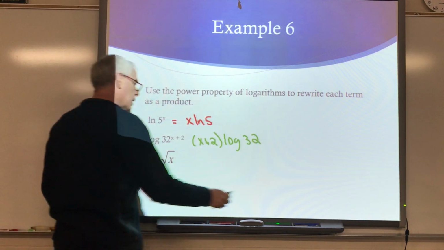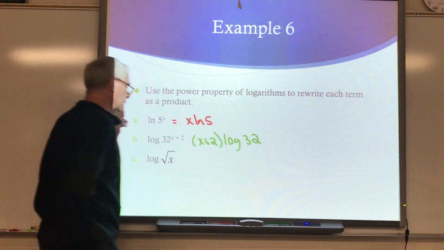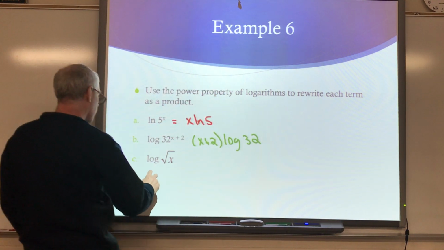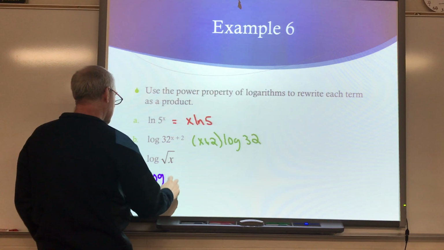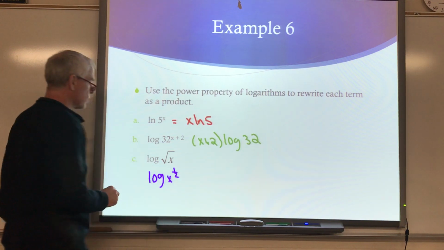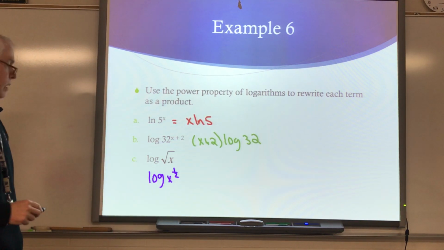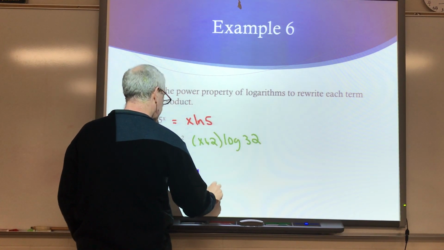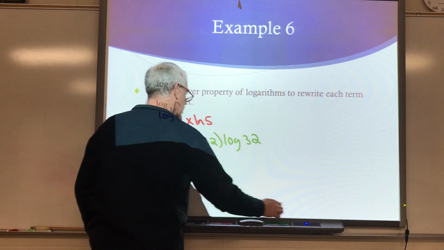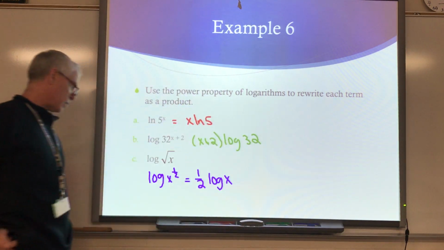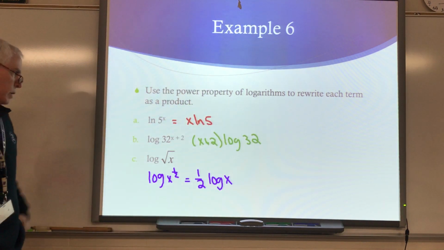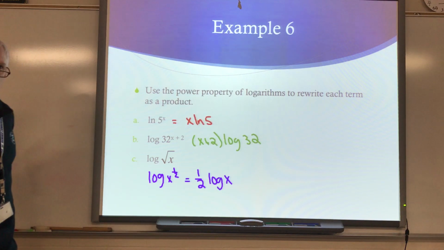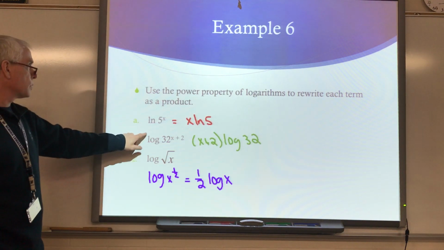Okay? And the third one here, I don't see an exponent initially, but if you thought of this one as the log of x to the 1/2 power, because the square root is the same as a 1/2 power, then I do have an exponent, and I can bring that out front. 1/2 log of x, like so. Okay? So be careful with those radicals, and remember they can be written as exponential powers.